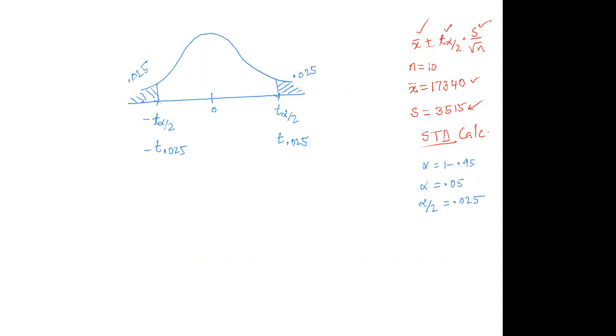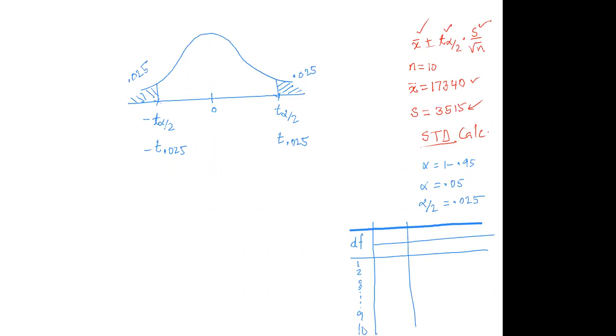If you look at the handout, this is how it looks. In the top left, you have degrees of freedom: 1, 2, 3, up to 9, 10. And you have a few columns that tell you area in one tail and area in two tails.